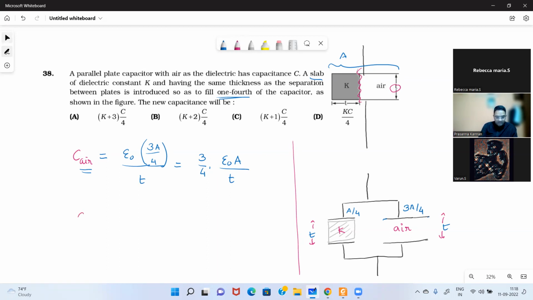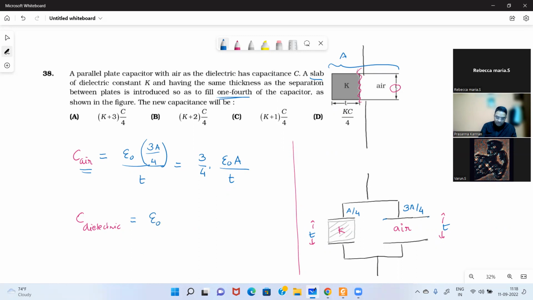Then you have C dielectric. Whenever a dielectric is introduced completely into a parallel plate capacitor, what is going to be the formula? If the dielectric is completely inserted, it's epsilon naught into K into A by D. Very good.